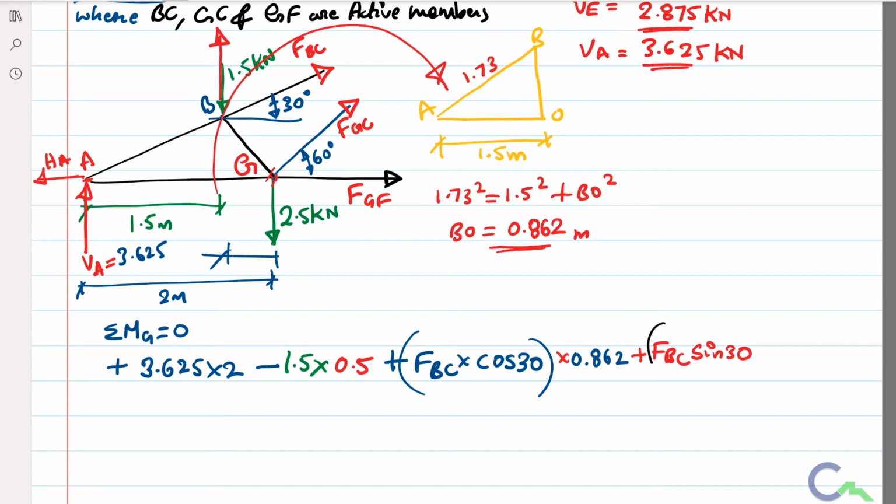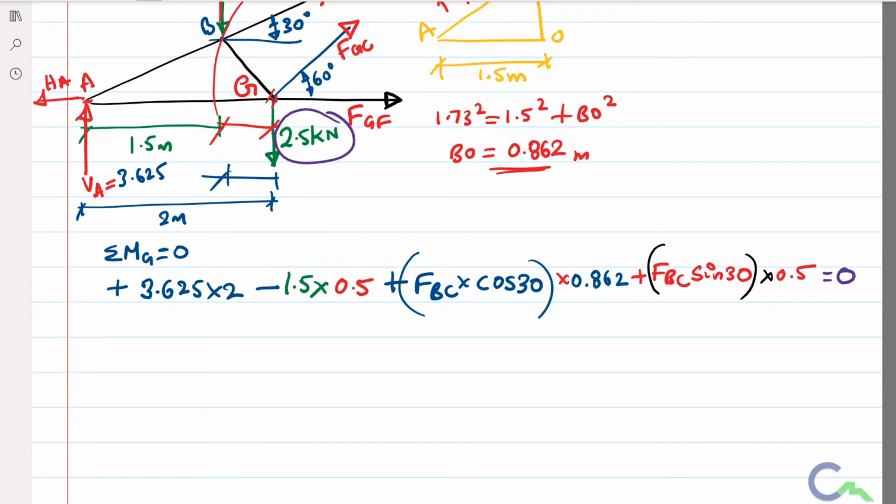Therefore FBC sine 30 into the perpendicular distance, that is 2 minus 1.5, that is 0.5. The 2.5 kilonewton is the next force which is acting exactly on G, therefore it is not going to rotate point G. Therefore this answer should be equal to 0.